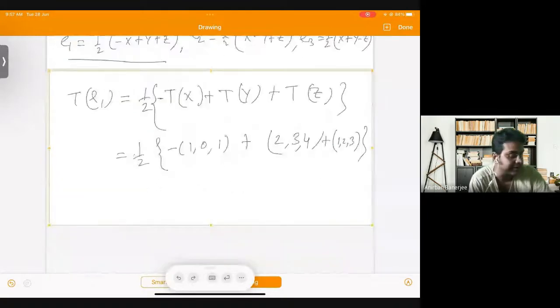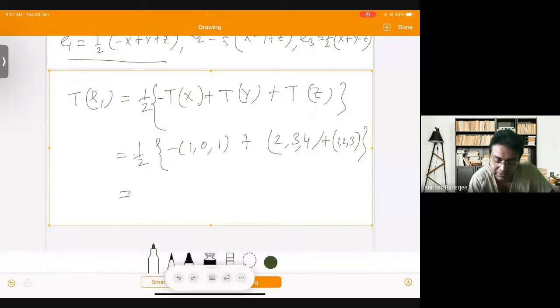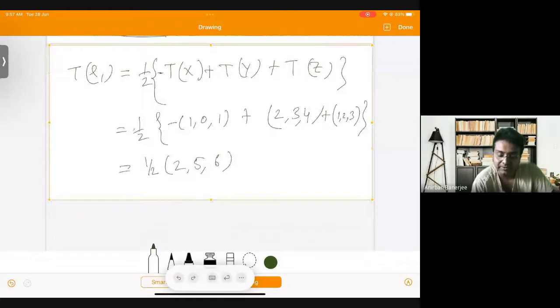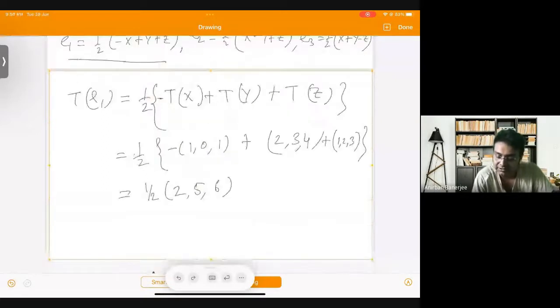And if you equate that, what you get is half of 2, 5, 6. I'm not completing the other two.